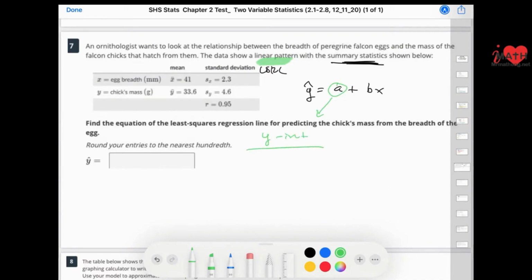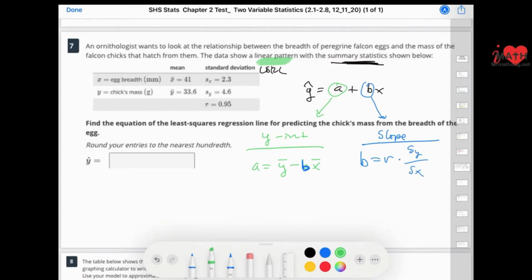And for the y-intercept, the formula is a equals y bar minus b times x bar. Now, if you notice that this formula has a b value, so we're going to have to calculate the b first. So the one in front of x, this is called our slope, and the slope formula with summary statistics is b equals r times sy over sx, the standard deviation.